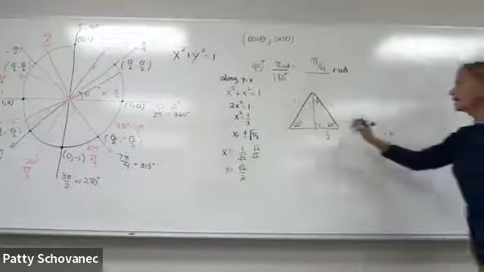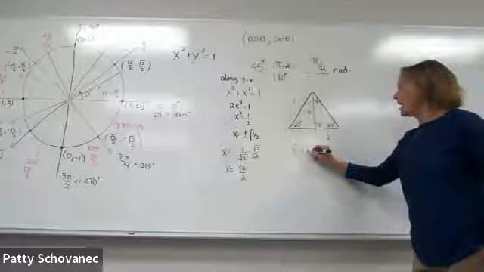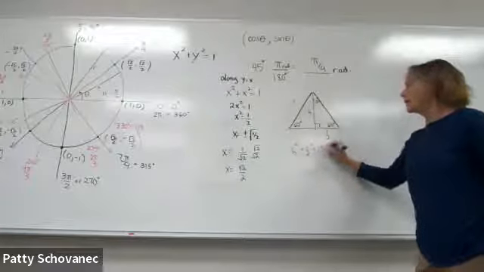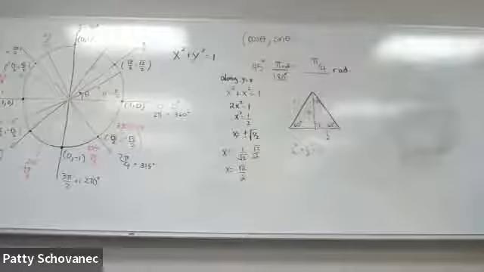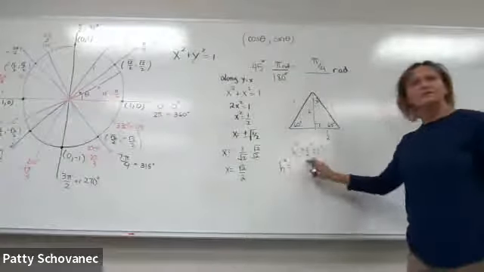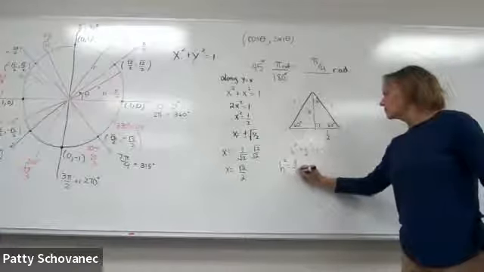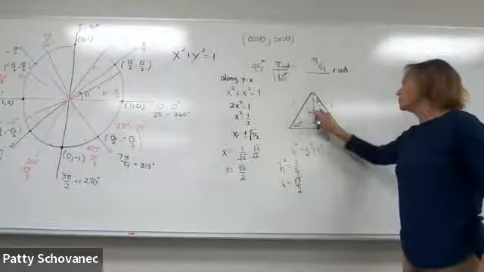So let's figure that length out. H squared plus 1/2 squared is 1 squared. Pythagorean theorem. We'll solve for H. So H squared is 1 minus 1/4. So H is the square root of 3 over the square root of 4, which is the square root of 3 over 2.